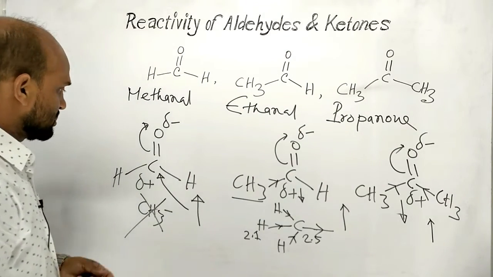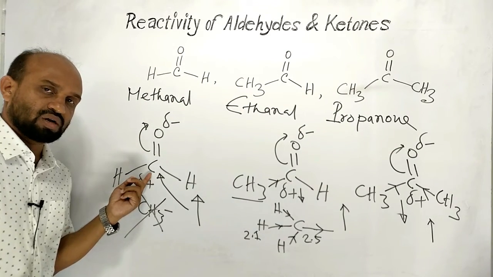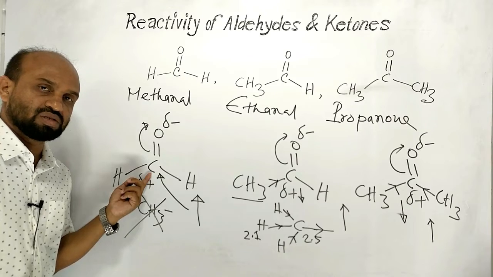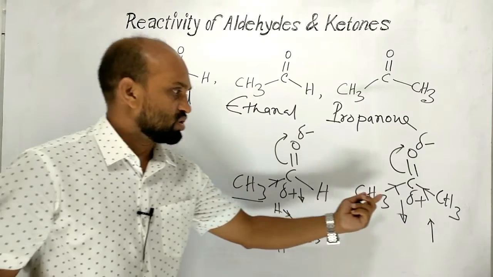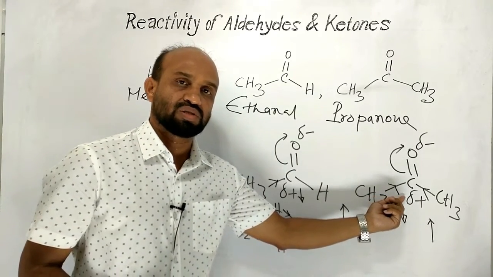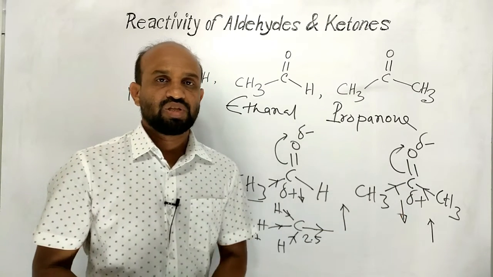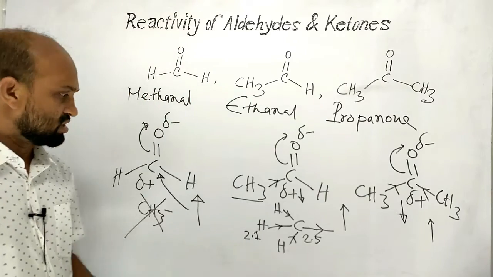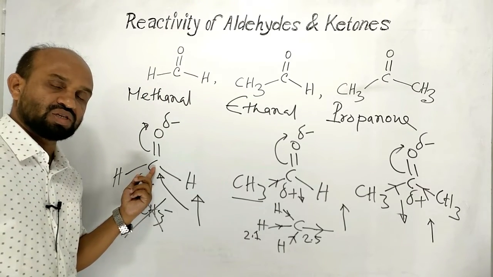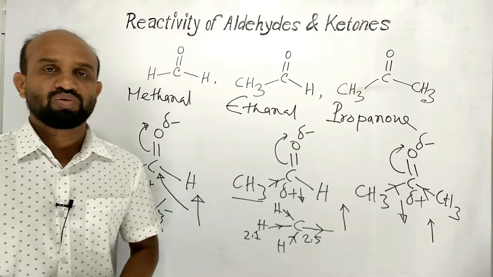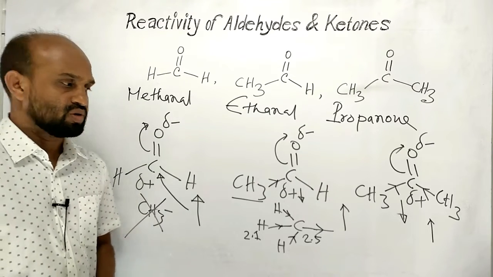That is, simply we can say that methanol carbonyl carbon charge density is very high and propanone carbonyl carbon charge density is the lowest. So from the reactivity concept we know that the more the charge density, the compound will be more reactive.